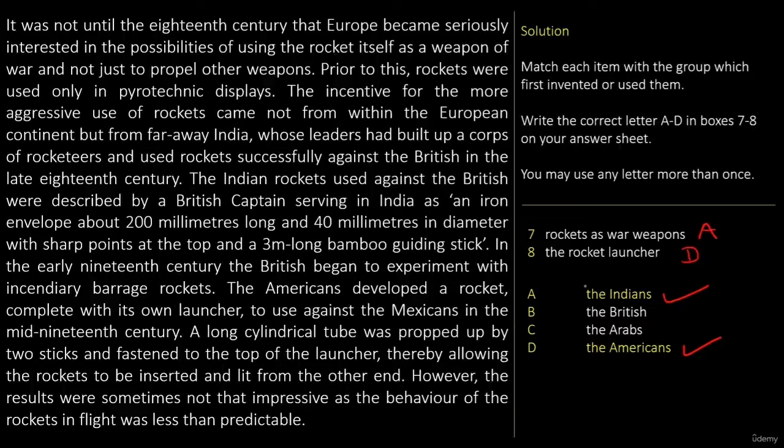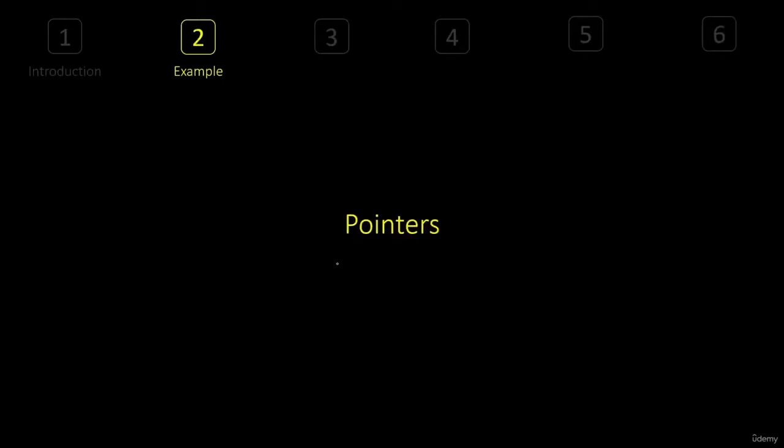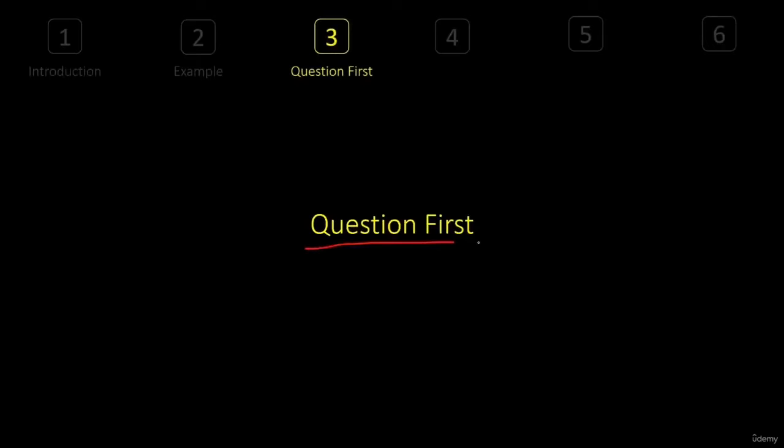Okay. So the pointers, as I said, are the hints. We'll start with hint number 1. Always understand that we have to do the question first. We have to notice the question first. You cannot go to the passage and read it and waste a lot of time. See, we have 40 questions in reading, and we have 60 minutes.